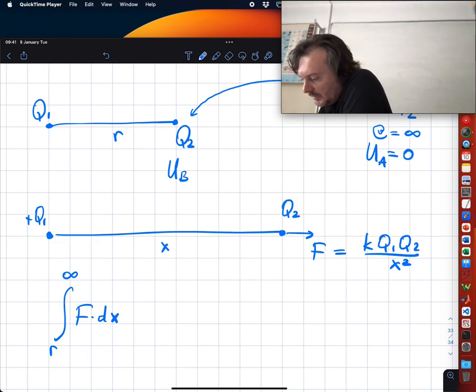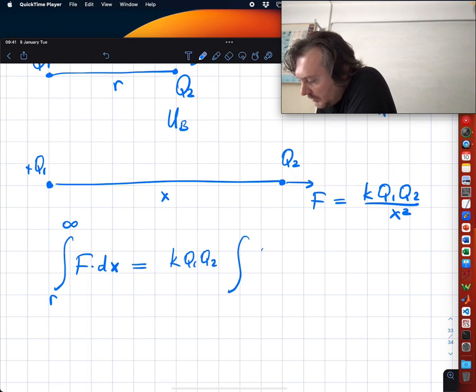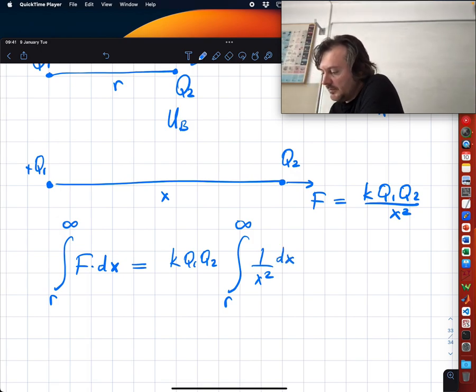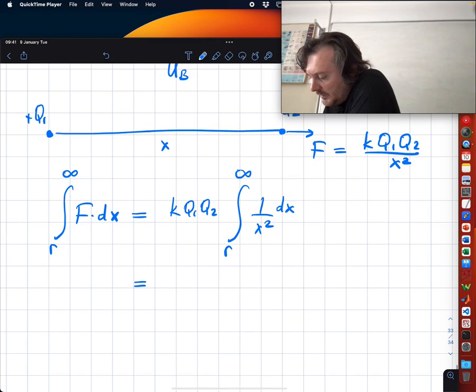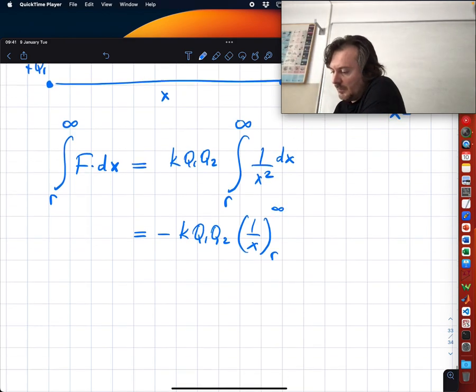All right. So work done by the system is this, and let's take this integral, k q1 q2 integral of 1 over x squared going from r to infinity dx. What is this integral? Minus 1 over x, so I get minus k q1 q2 times 1 over x evaluated at infinity and r, right?